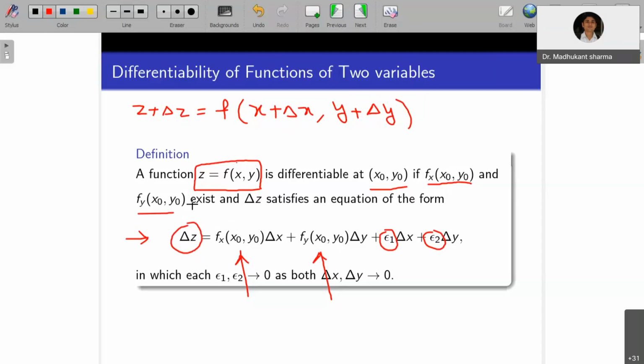Now, if you are able to write this increment in the following form, then we say that the function is differentiable.